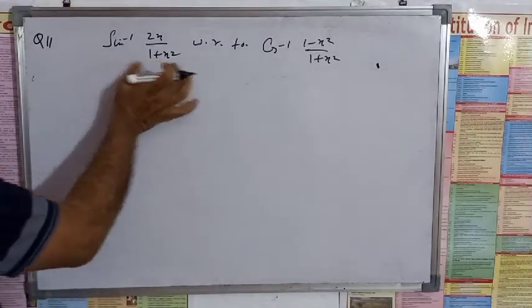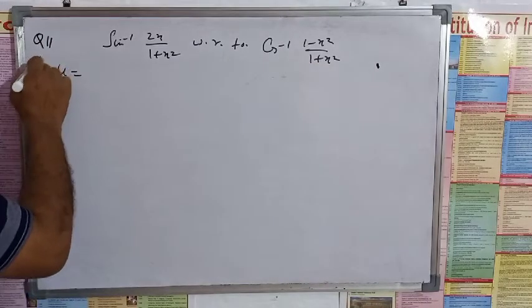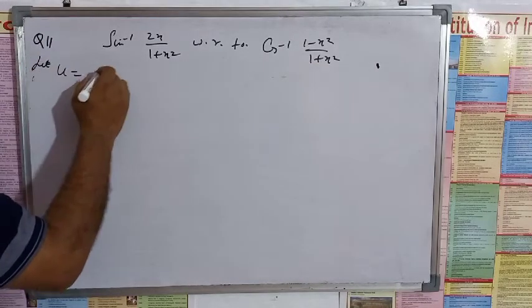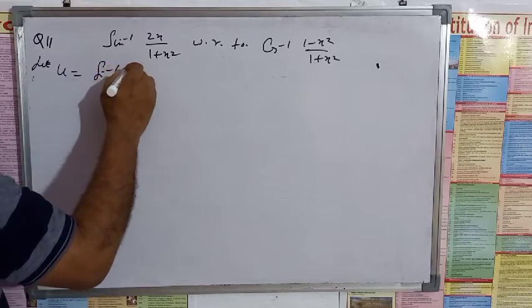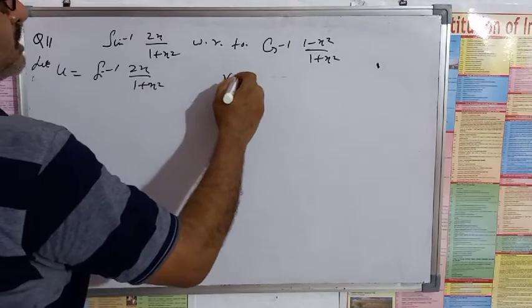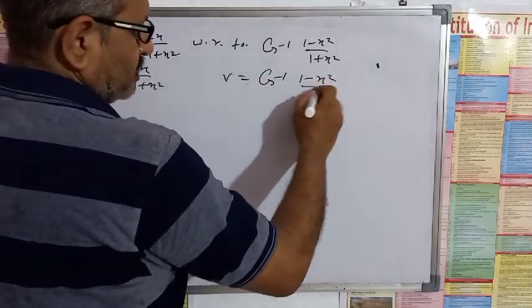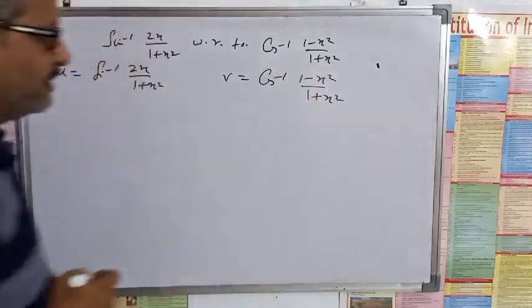Again we will suppose this one is u and this function is v. So let u is equal to sine inverse 2x upon 1 plus x square, and v is equal to cos inverse 1 minus x square upon 1 plus x square.